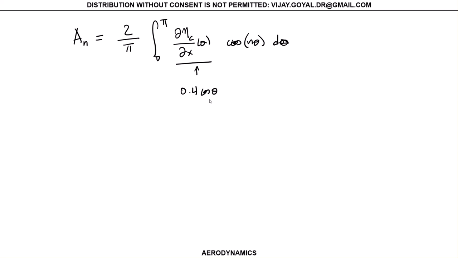Because it's cosine of theta, the whole integral will be equal to pi over 2 if n is equal to 1, since the coefficients are the same, this is 1, this is 1.